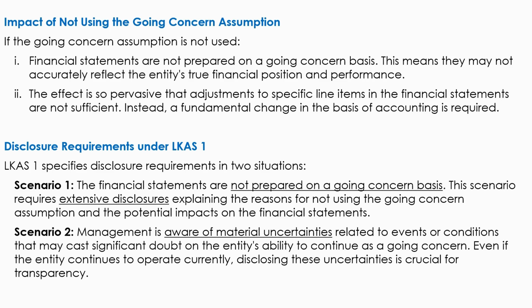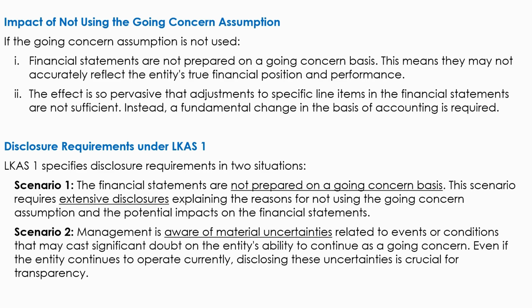So what are the disclosure requirements under LKAS 1 related to the going concern assumption? LKAS 1 mandates disclosures in specific situations. The first scenario involves cases where the going concern assumption is explicitly abandoned. Extensive explanations regarding the rationale and potential financial statement impacts are required.